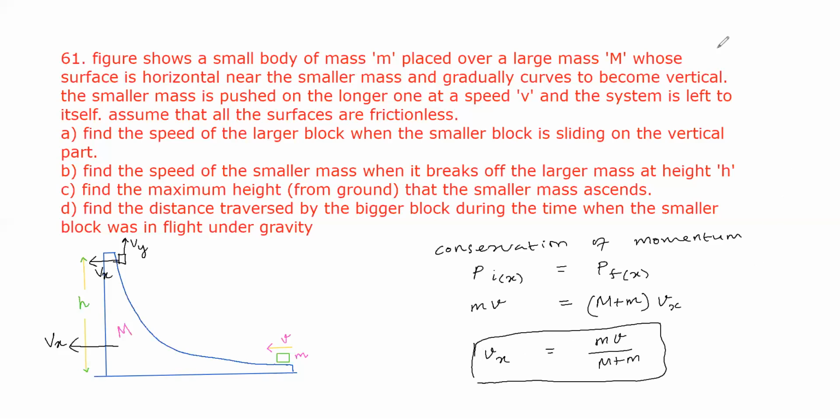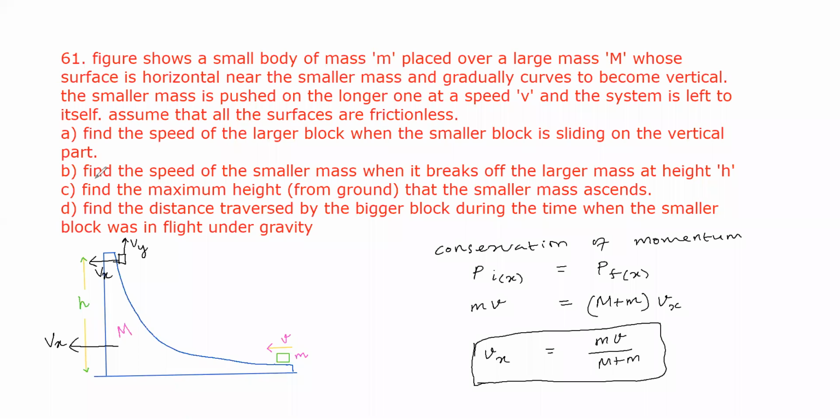So the velocity with which the bigger block moves horizontally is equal to the small block mass into initial velocity divided by the total mass of the system, that is M plus m.